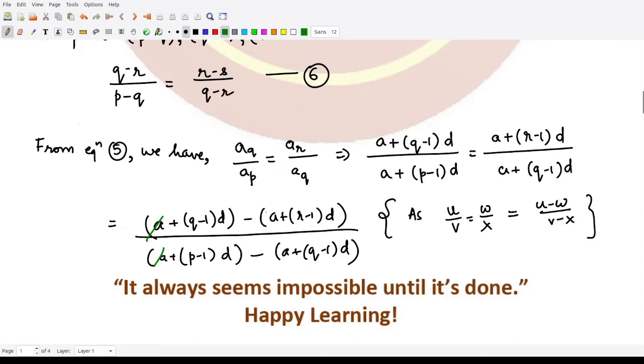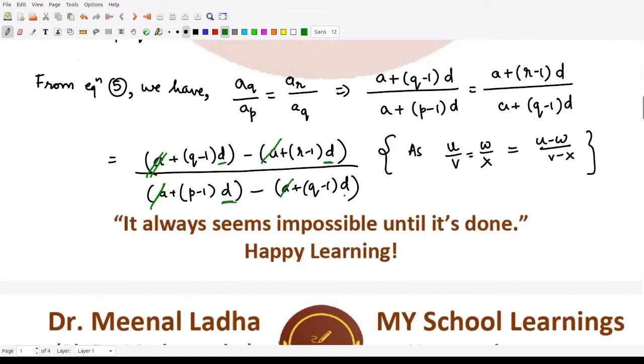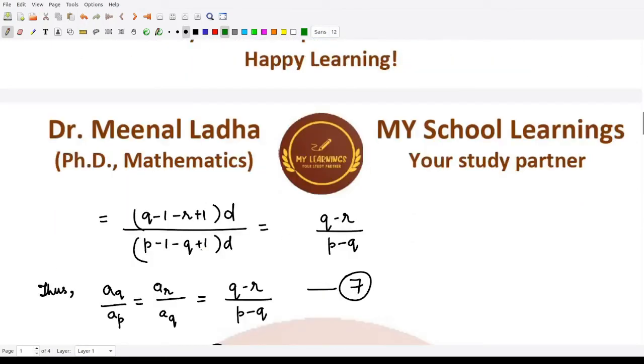So you see, a from here and a from here get cancelled, and you are left with q minus 1. You can take d as common, so you are left with q minus 1 minus r plus 1. And divided by, again from these two terms you can take d as common, so you are left with p minus 1 minus q plus 1.